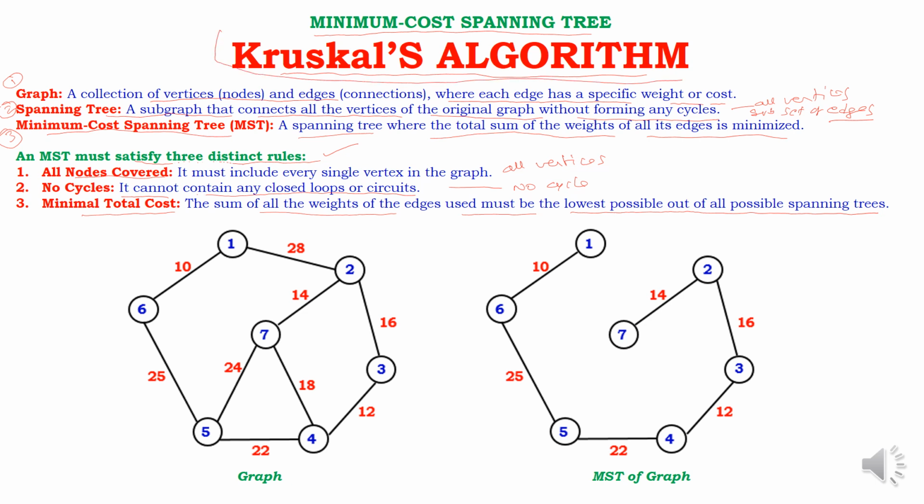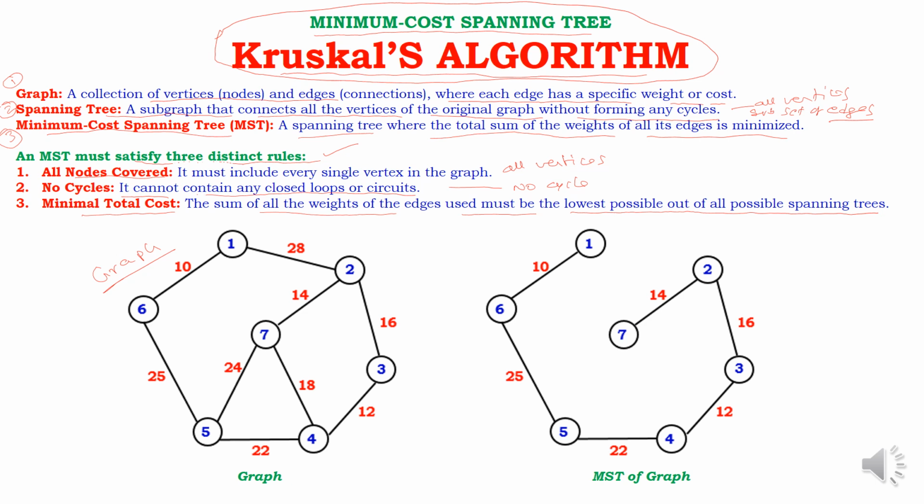Now we are going to create a minimum cost spanning tree using Kruskal's algorithm. For example, the figure shows a graph which contains seven vertices and many edges. Each and every edge has some weight. So 1, 2, 3, 4, 5, 6, 7 are vertices, and from 1 to 2 there is an edge having weight 28.